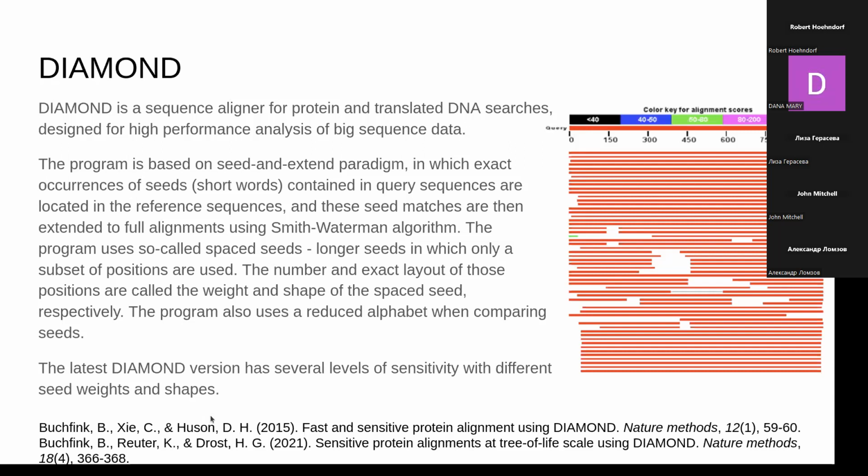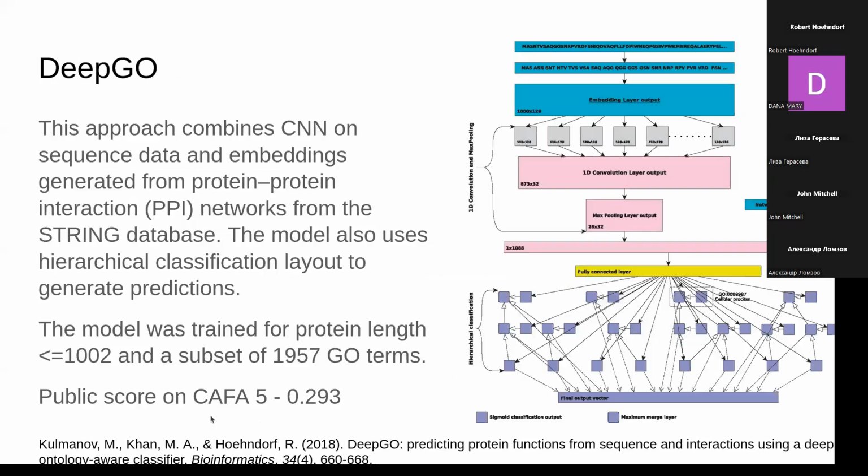It was shown that these features don't reduce the accuracy of the algorithm very much. The latest Diamond version has several levels of sensitivity with different seed weights and shapes.